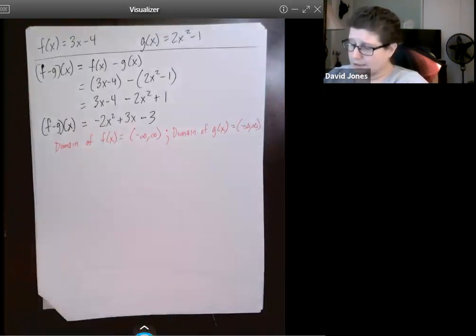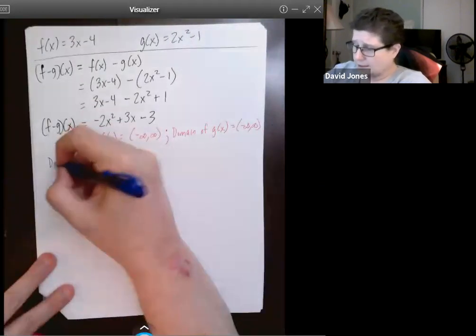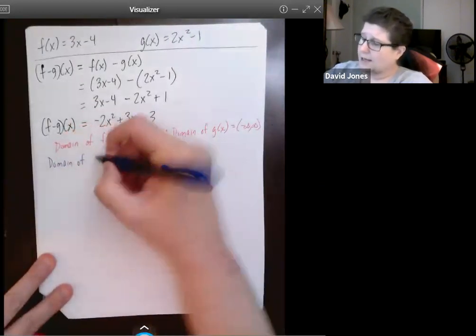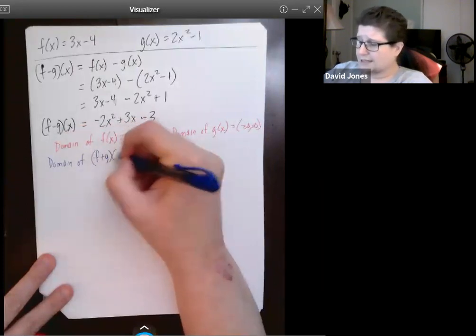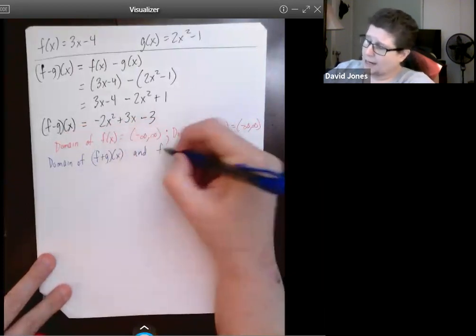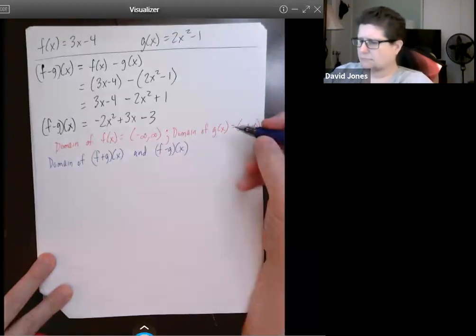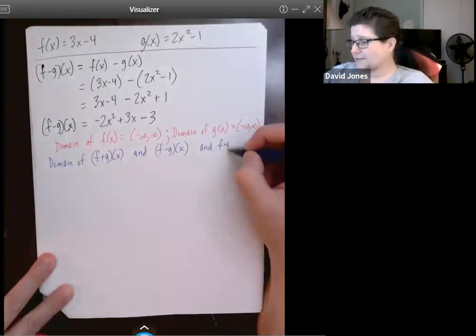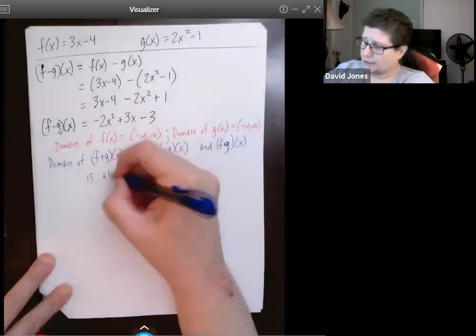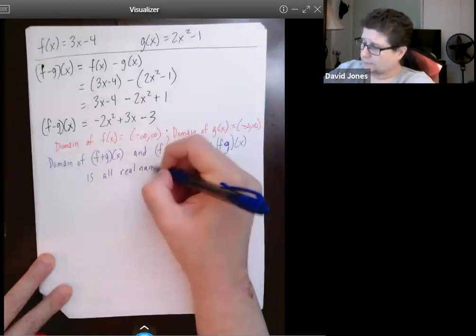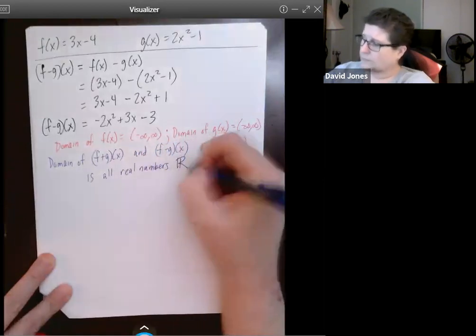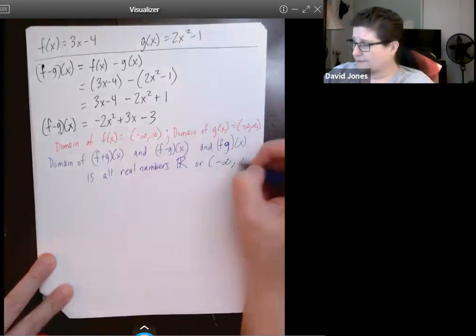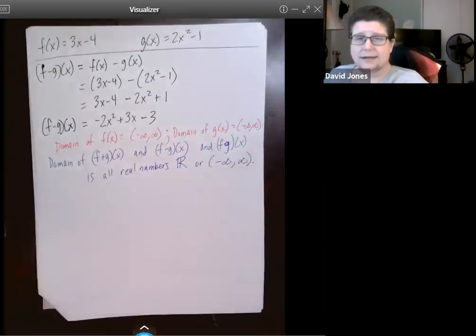So the intersection, the domain of f plus g of x and f minus g of x, and even fg of x, or f times g of x, is all real numbers, or negative infinity to infinity. Now, the quotient will be different. I'll cover that one in a second when we get to it.